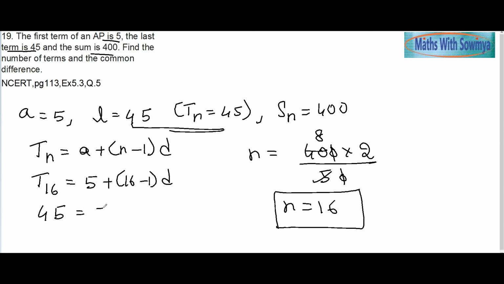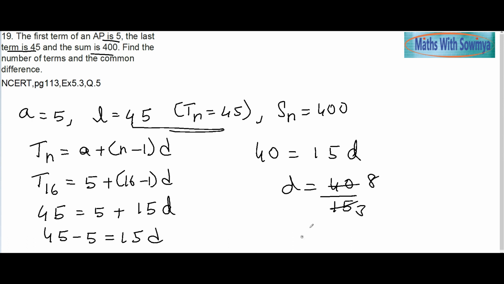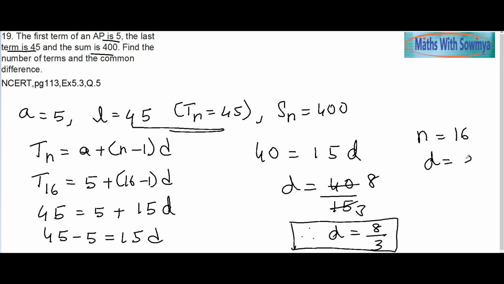So 45 is equal to 5 plus 15D. 45 minus 5 is equal to 15D. This will give me 40 is equal to 15D. D is 40 divided by 15. Therefore, value of D is 8 by 3. This is the common difference. So n value we got is 16 and value of D is 8 by 3.